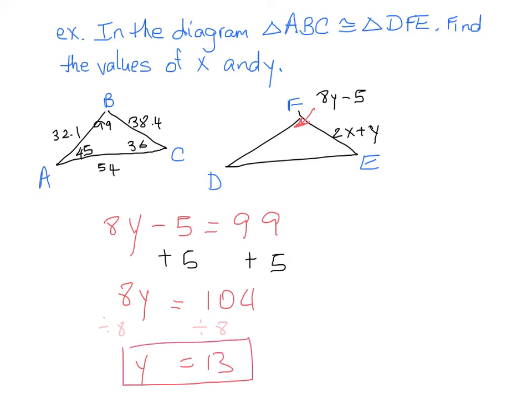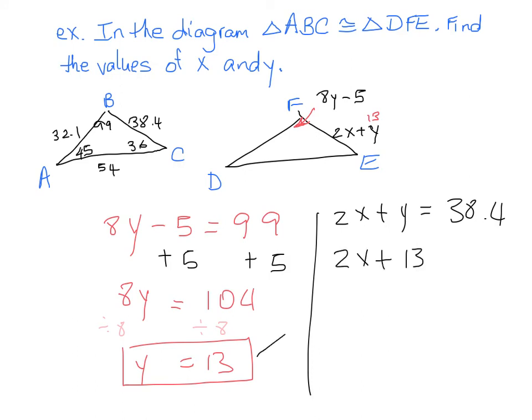Alright, once we know y, that will help us to find x, as well as the fact that we know that side BC and side FE are congruent to each other. So we can use that fact to help us. 2x plus y is actually 38.4 because of that congruence. Now we know that y is 13 because we just found it, so 2x plus 13 is equal to 38.4.